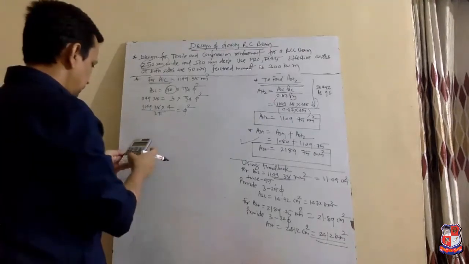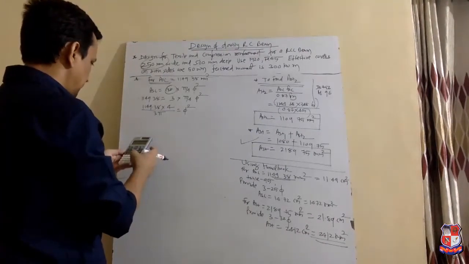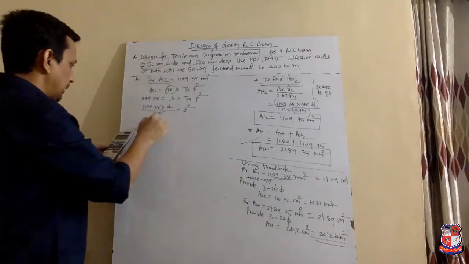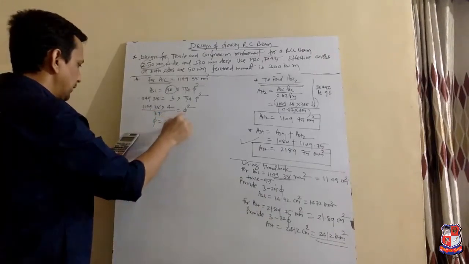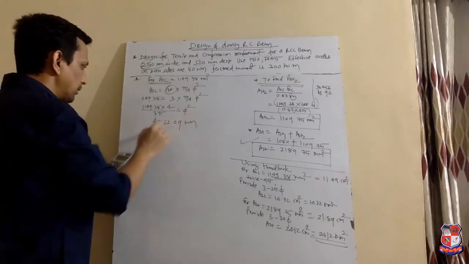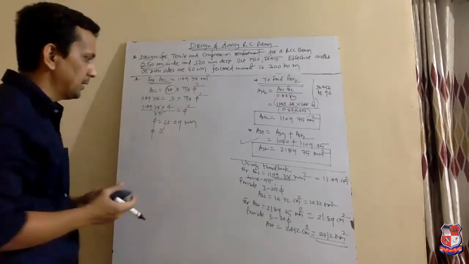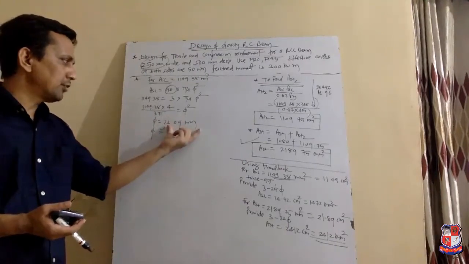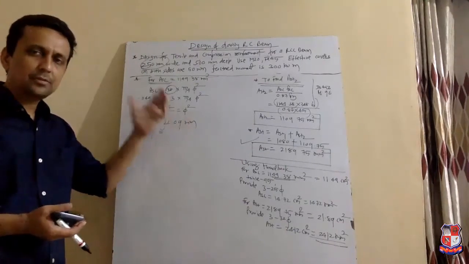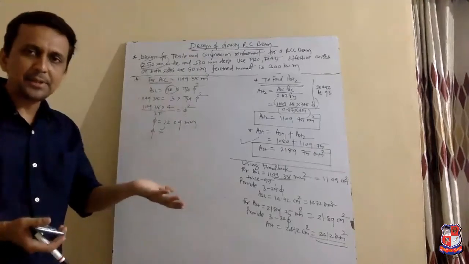Under root, the answer we get is d equal to 22.09 mm. So minimum diameter required is 22.09 mm.